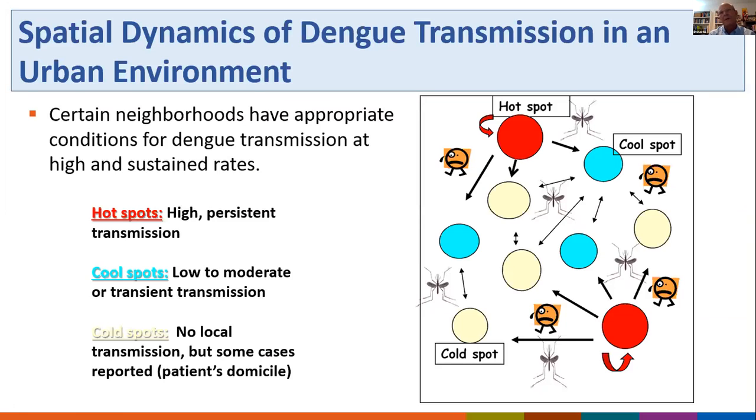Now, in terms of space, this is a depiction of hotspots in a city. Then there are neighborhoods that are cool spots, means that you don't have that much transmission, not that many mosquitoes, and the cold spots. So what happens is most likely that these hotspots are places where you have sustained conditions for high productivity of mosquitoes, high transmission, and mosquitoes and viruses are being exported from these hotspots to other neighborhoods where conditions are not so good, but nevertheless, there is some transmission or cases are being referred to those places.